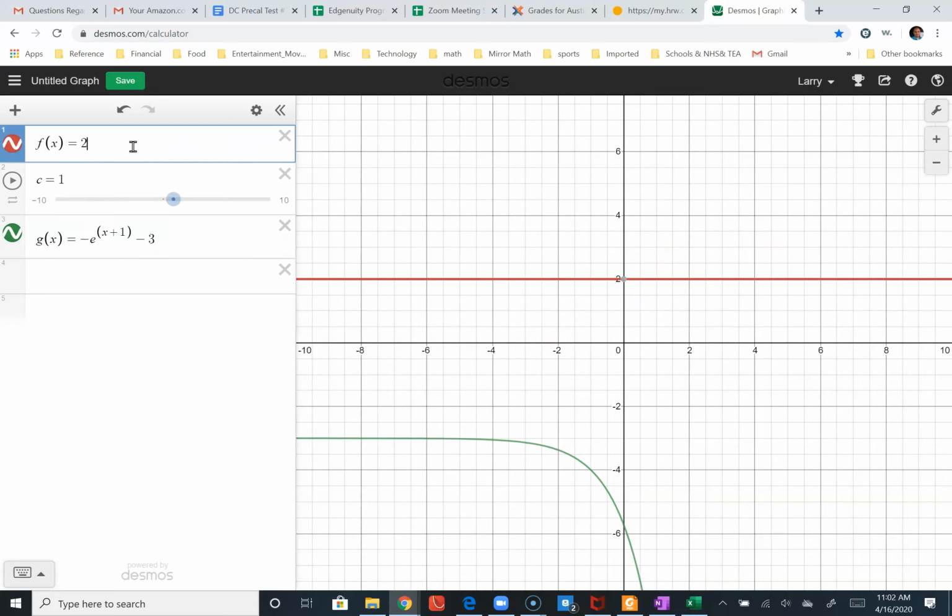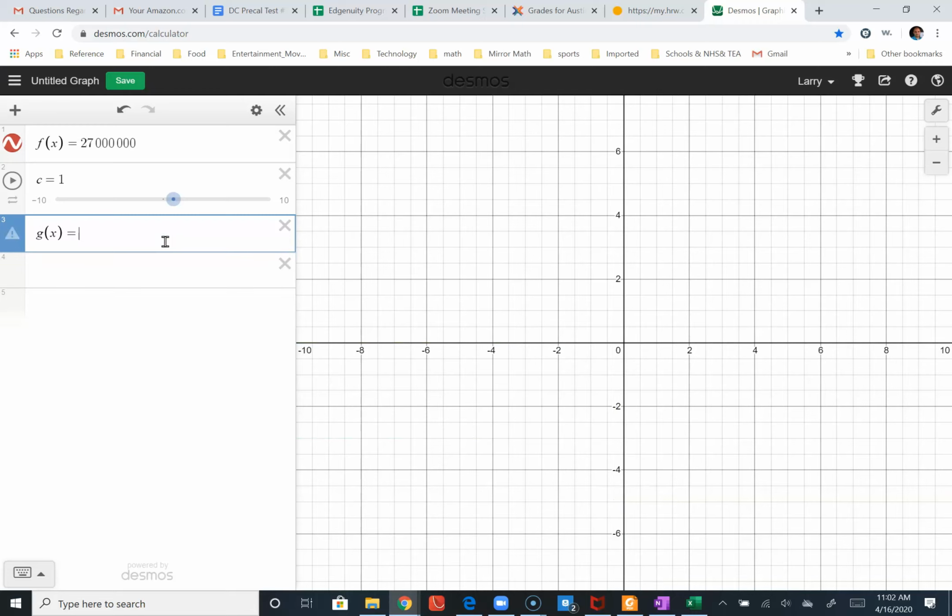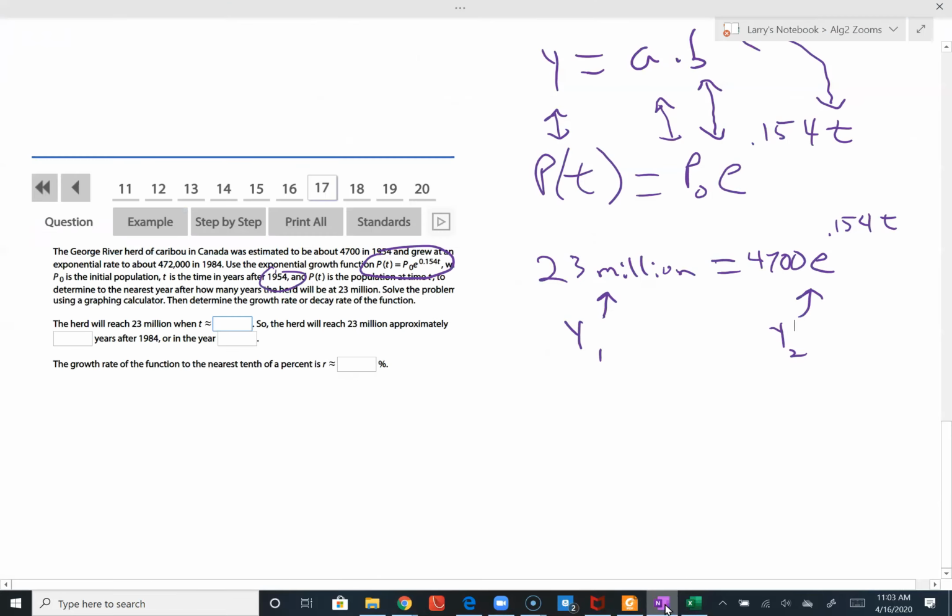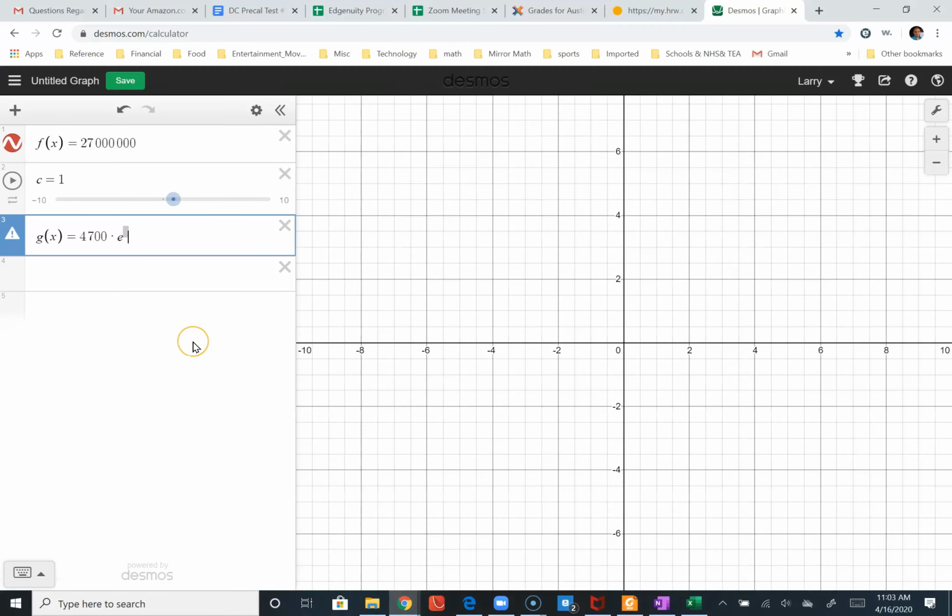23 million. We have to zoom out a lot on this one, don't we? And then the other one is 4,700 times e to the power of 0.154x.